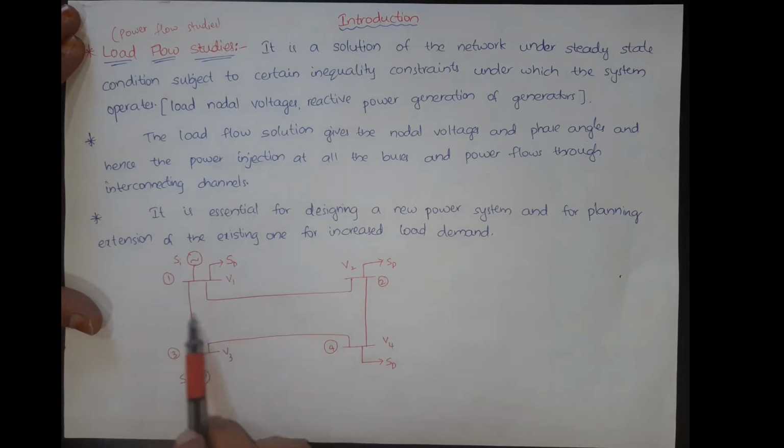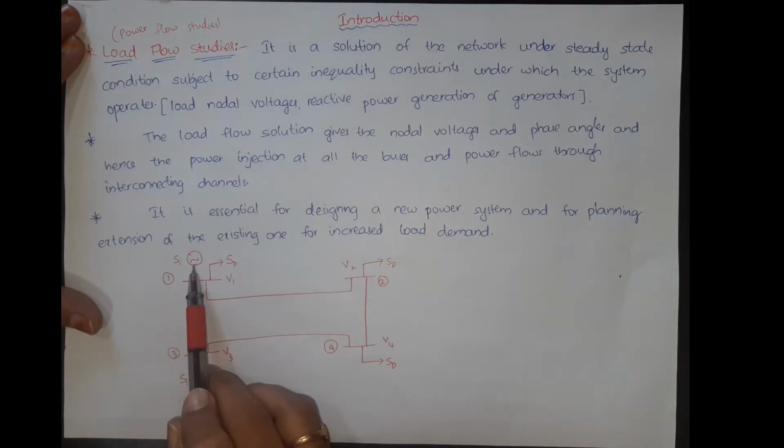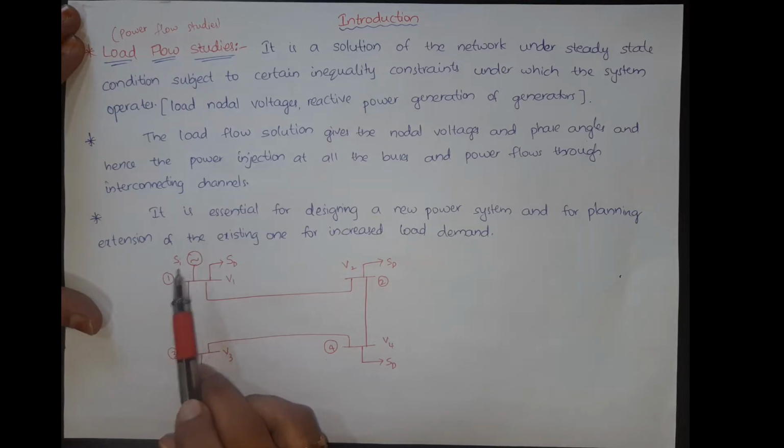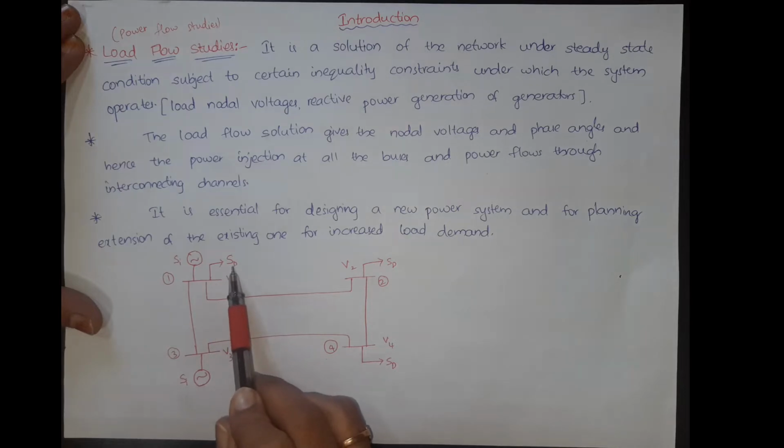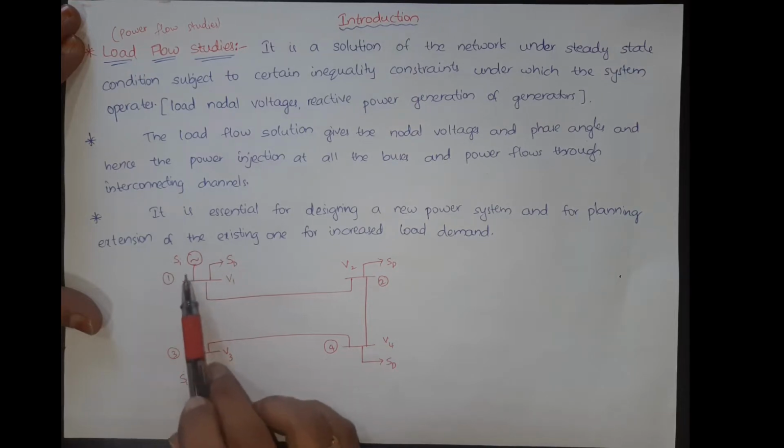Here, this is my bus 1. Here I have put a generator, or alternator, which generates the electric power. SD is some load, where D refers to demand, that is, load.